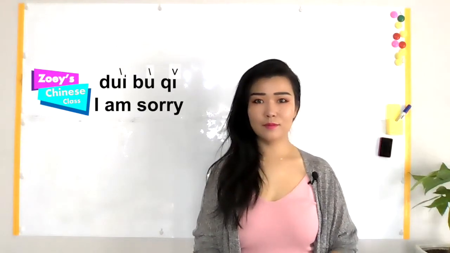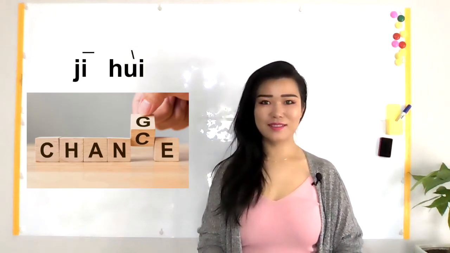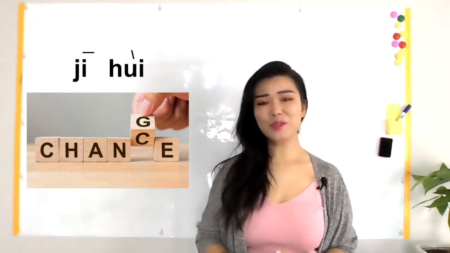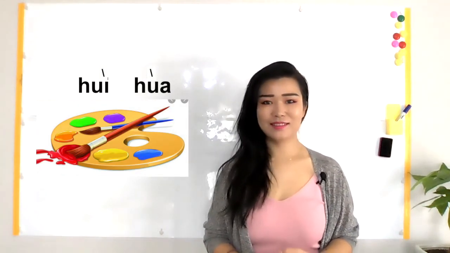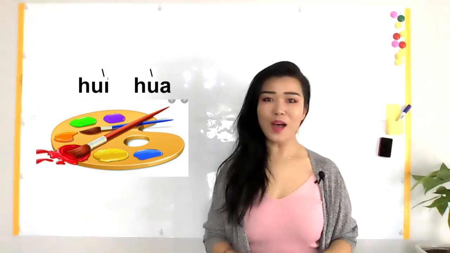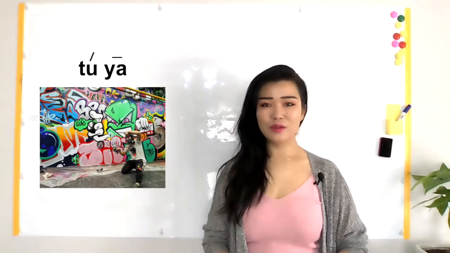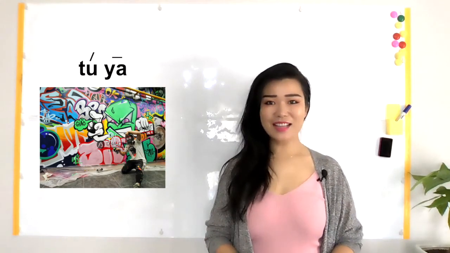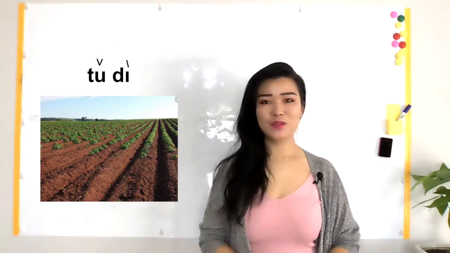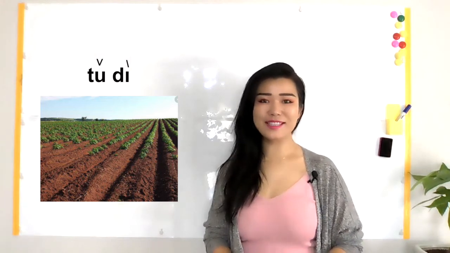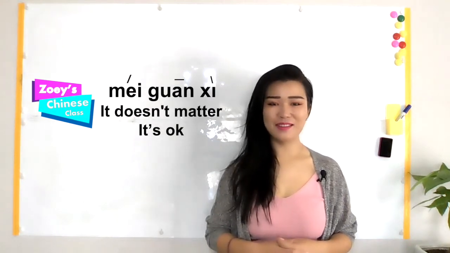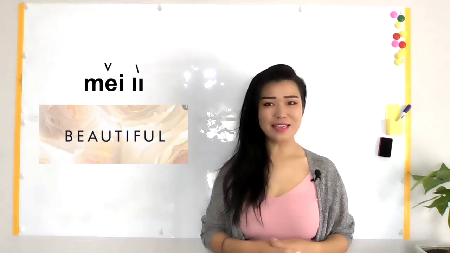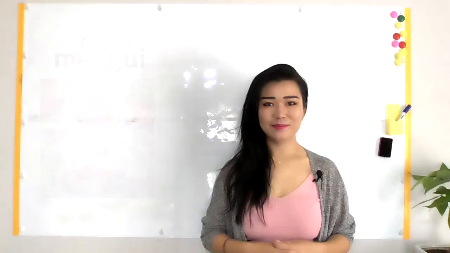对不起，对不起, I'm sorry. 机会 is the chance to bring some changes, which means opportunity. 绘画 means you are painting something. 涂鸦 is graffiti. 土地, the land. 没关系, it's okay, it doesn't matter. 美丽, 玫瑰, 关心.